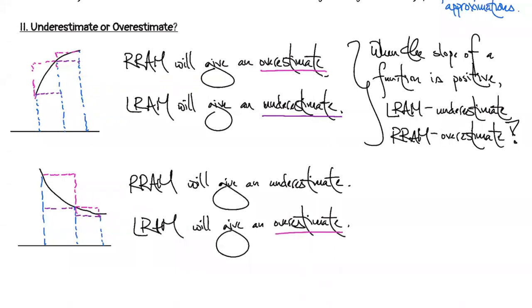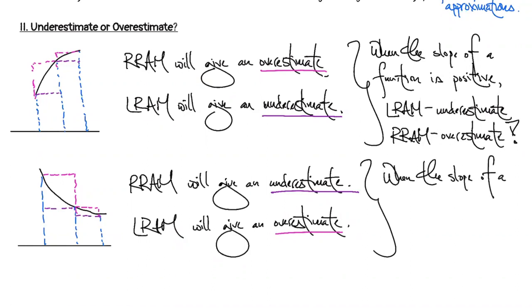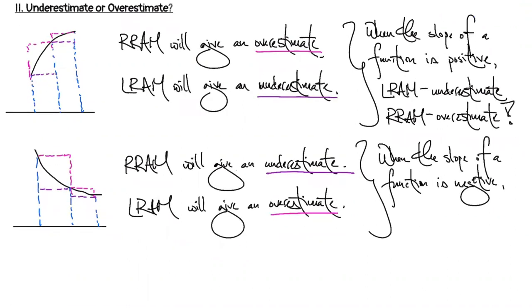So we've got our overestimate, we've got our underestimate, and as you folks said in the beginning, which is absolutely correct, when the slope of a function is negative, then our LRAM will be an overestimate, whereas the RRAM will be an underestimate.